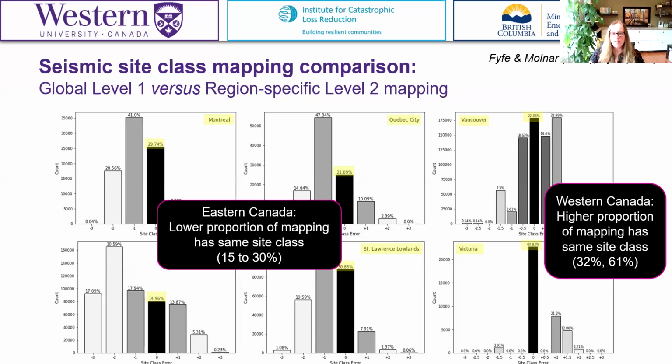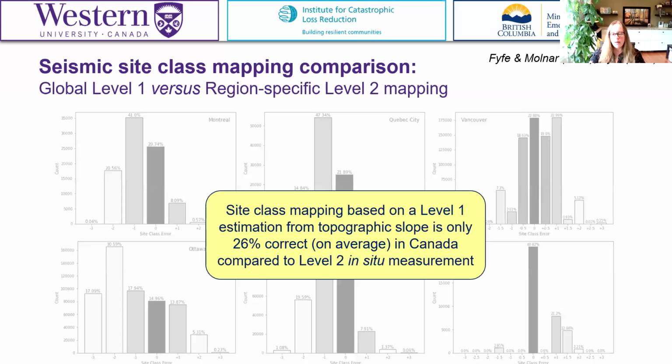The map could be 30 to 60% correct based on that quick estimate. But I'd like to hammer home the point that if you're not going and doing the measurement at that location, you're not going to be accurate enough. You're going to have a quick, rough estimate, but you're only going to be right about 30% of the time currently for seismic site class in Canada.